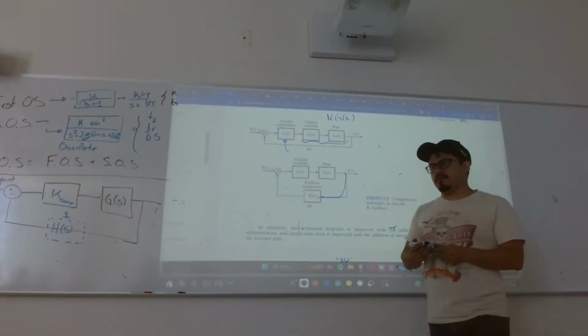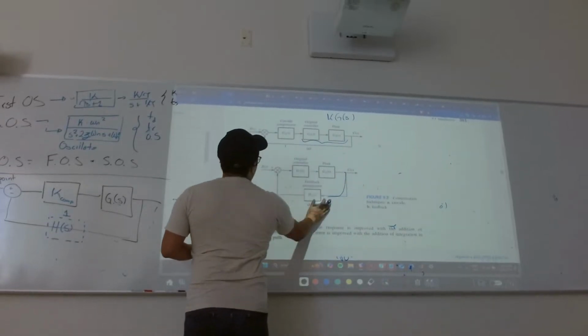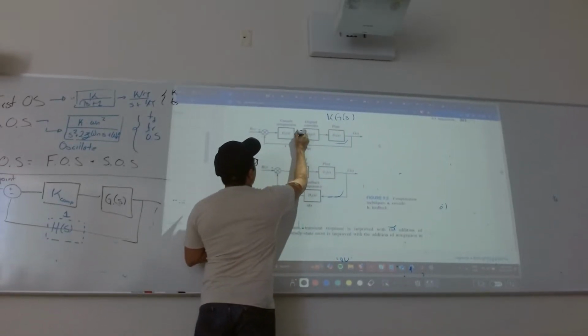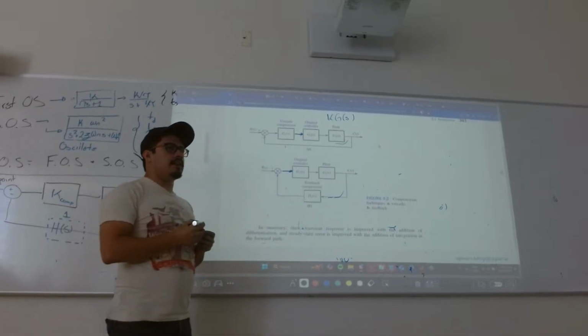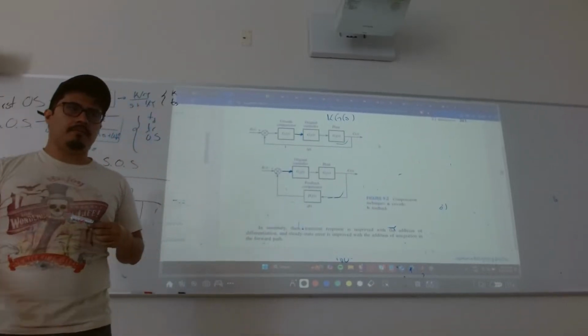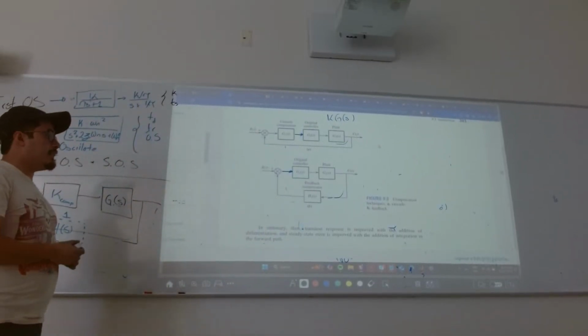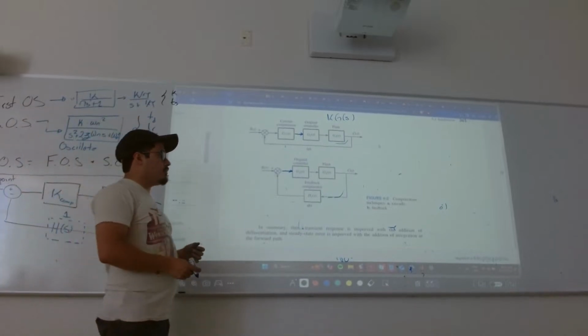The idea is the same. I need to fool the original controller into believing that the error is something else, so it can perform better, right? I have two ways of doing that with the original controller.